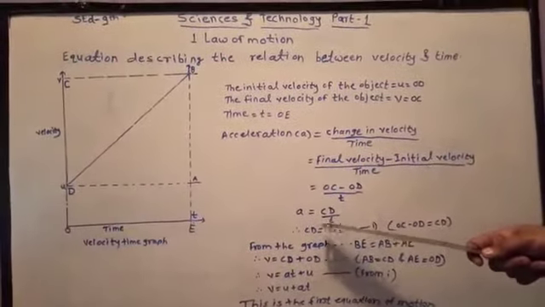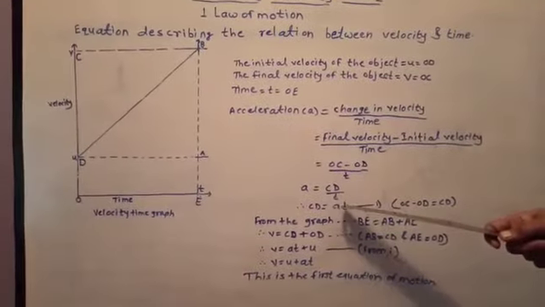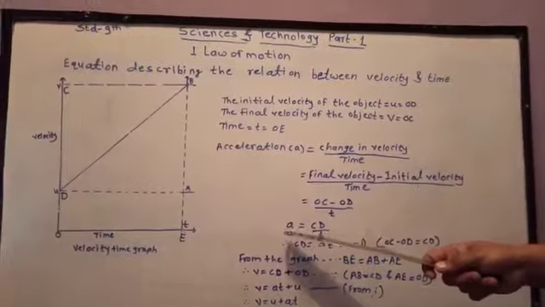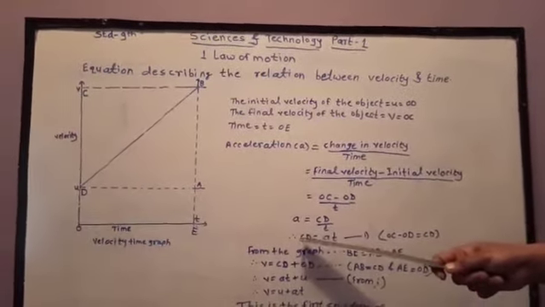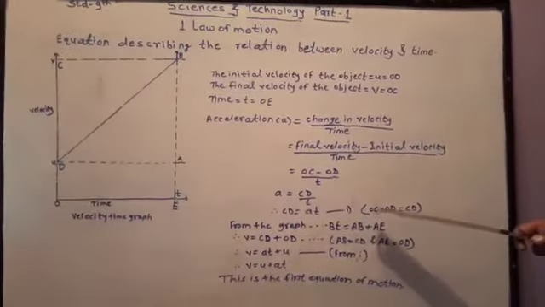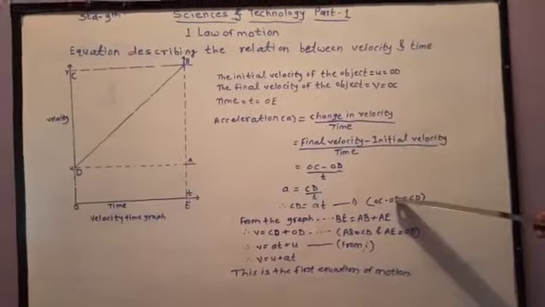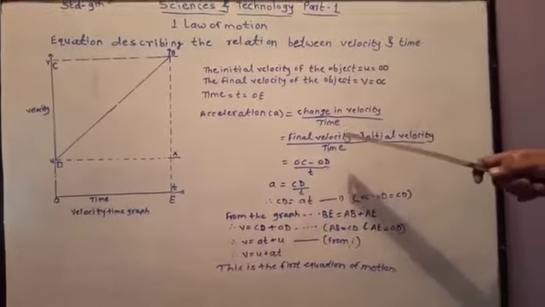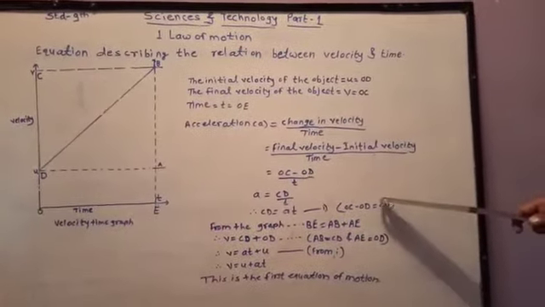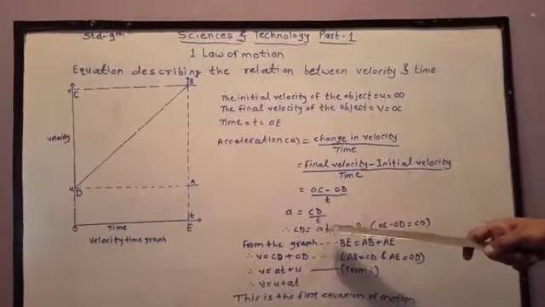So CD equals a into t, since t is divided on this side and multiplied on the other. Therefore, CD equals at, in equation number 1. But OC minus OD, final velocity minus initial velocity, is equal to CD in this equation.